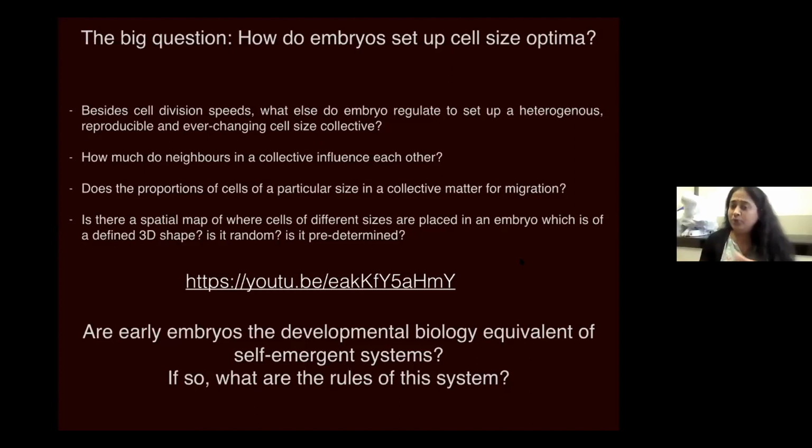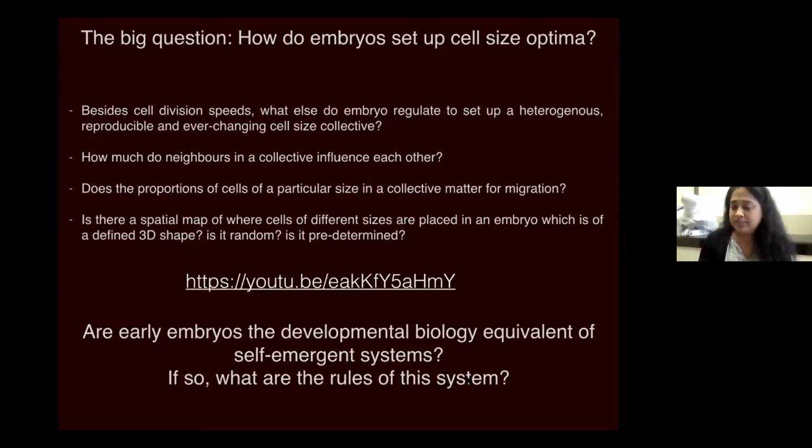So if you want a 3D form to develop normally, you need to begin with individual properties of a system that is wild type. And if you change these properties, you still make a 3D shape, but you don't make the correct 3D shape. And we would like to probe the idea that maybe the principles of developmental biology that early embryos use could be self-emergent properties, and we are keen to understand what the rules of this system may be.